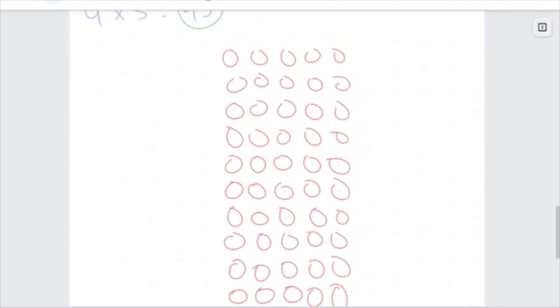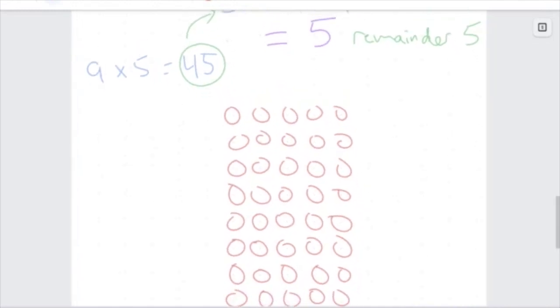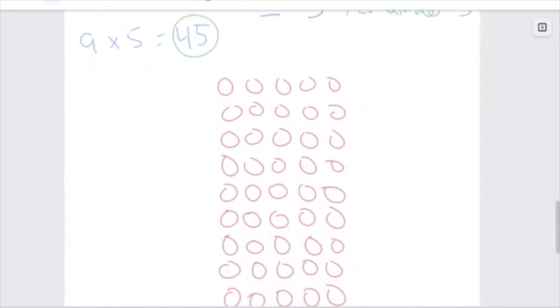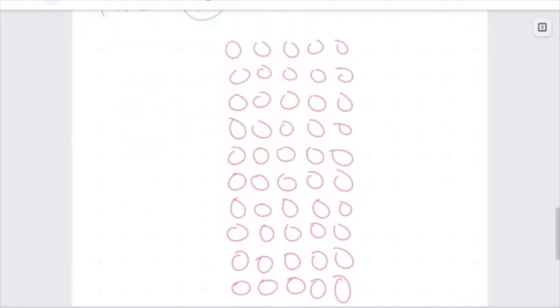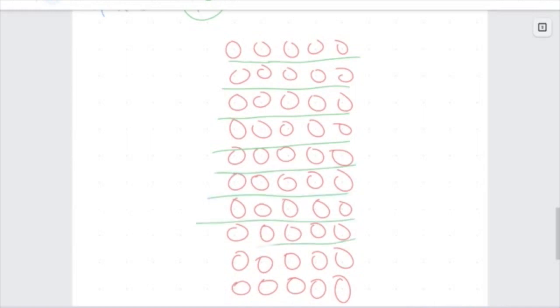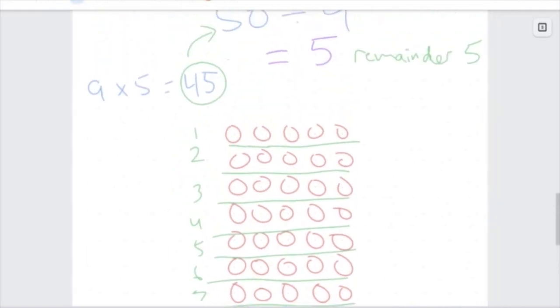Okay, so I've drawn my 50 out, and I can show here that when I divide this into nine equal bits, well, I have 1, 2, 3, 4, 5, 6, 7, 8, 9 equal bits here. I have 9 equal groups, all containing 5 in them.